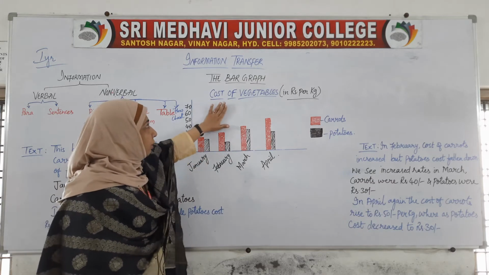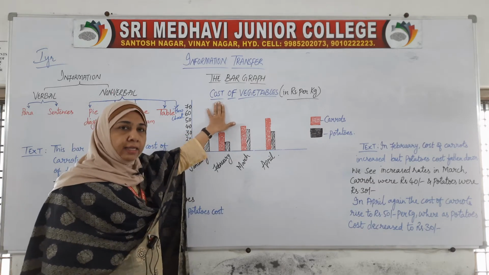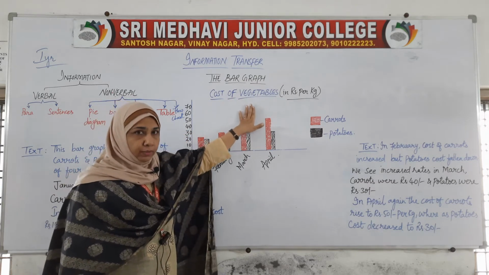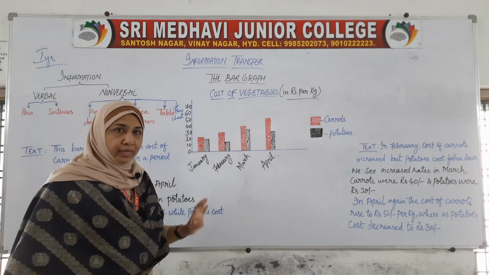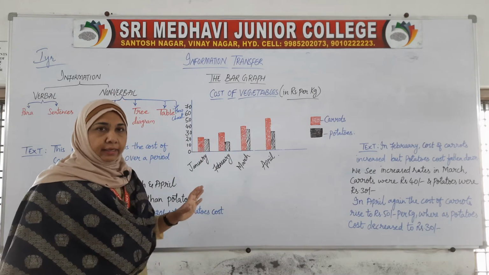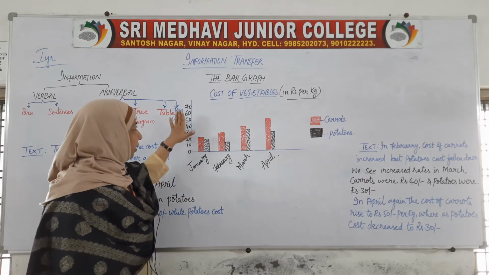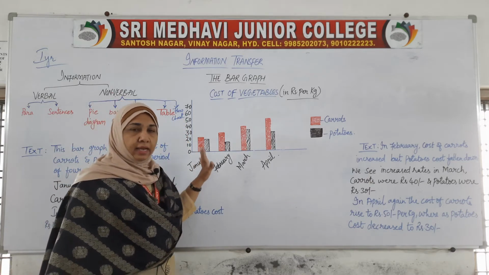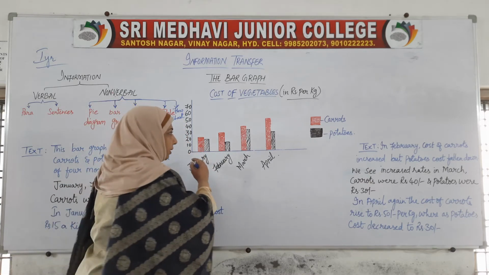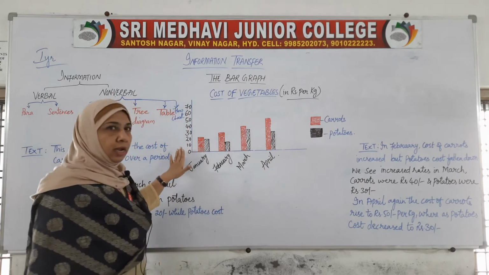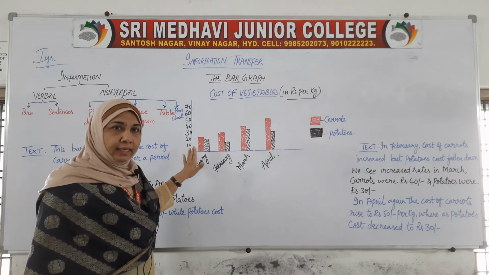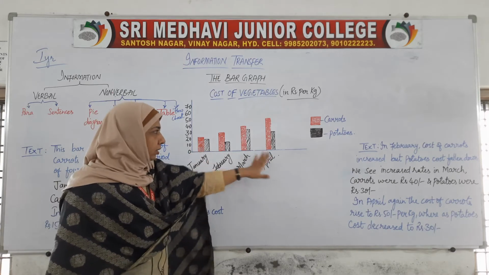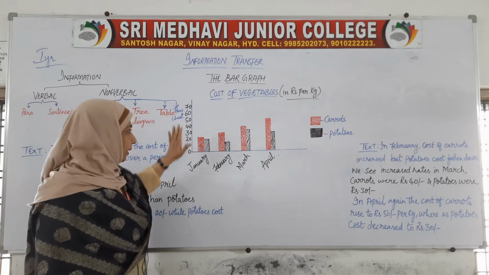I am giving you the bar graph with the heading cost of vegetables. You know very well that in the bar graph we have one x-axis and one y-axis. This is your x-axis and this is your y-axis. This is horizontal and this is vertical.